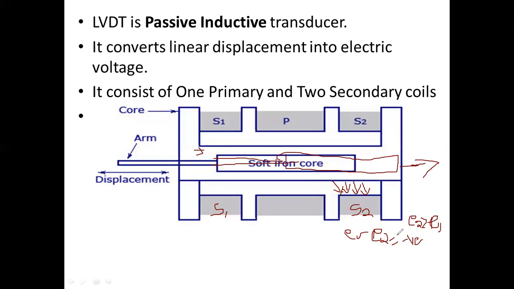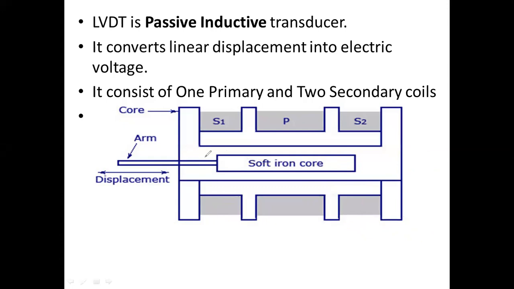Instead, if I shift this iron towards this side, it will connect only to S1. So all the flux linkage will link to S1 only.